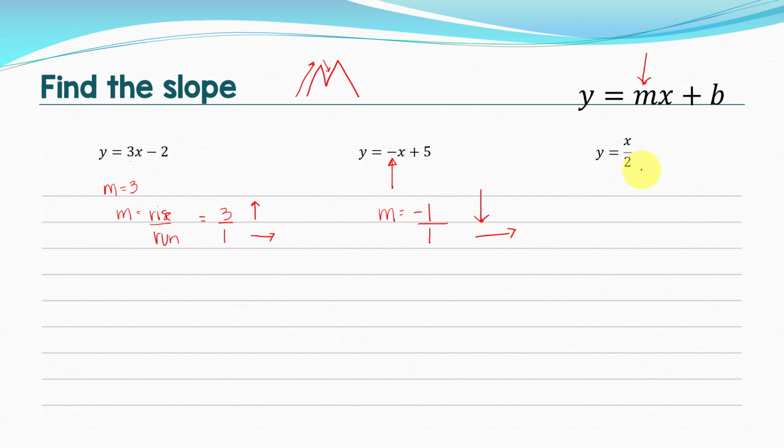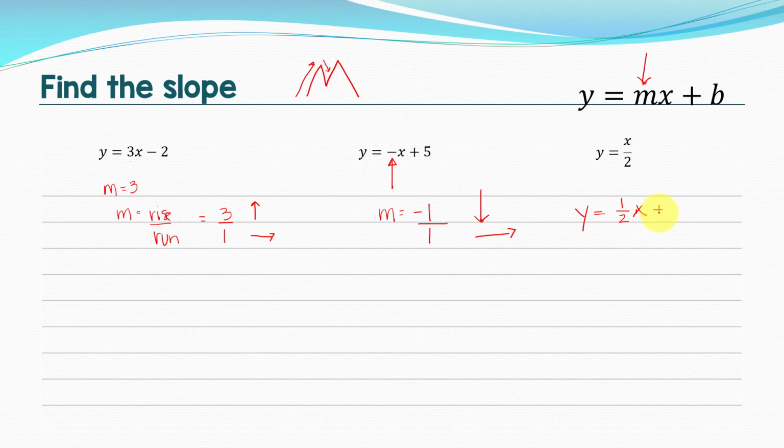Okay, let's look at this one, it's a little tricky. I've got x divided by 2, and then I don't have anything else with it. So another way to think of this, if you see something like this, would be 1/2 times x, right? Because dividing by 2 is the same as multiplying by 1/2, so that can be rewritten this way.